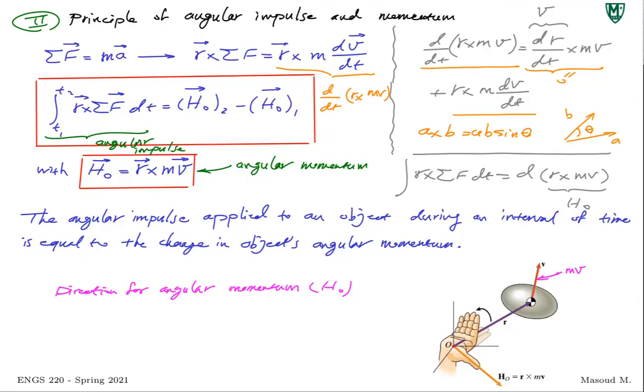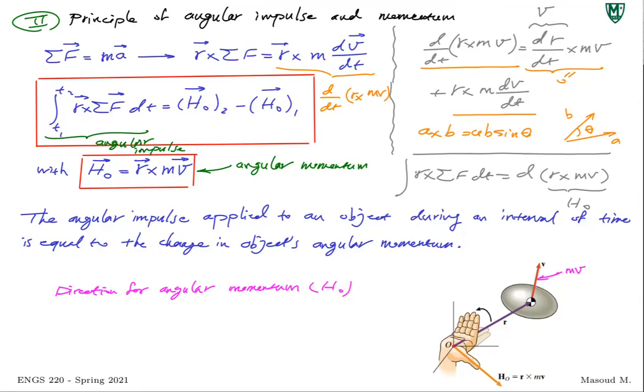It was the relationship between the integral of the force over time and the change in linear momentum. Here we not only have that integral of force over time, we also have the position vector where the object is during the motion.